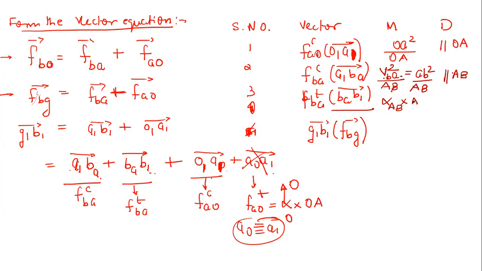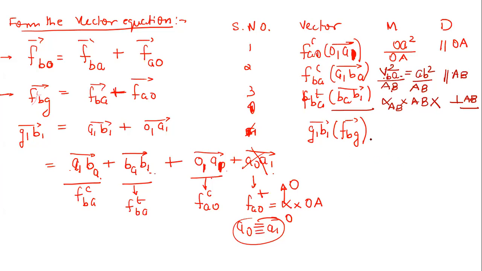The direction we already know, it is perpendicular to AB. Is it possible to calculate this magnitude? No, because alpha is not given. So once you write the formula, everything becomes clear: this is not possible to be known, right?